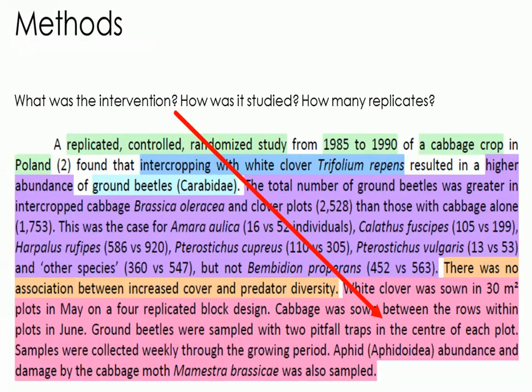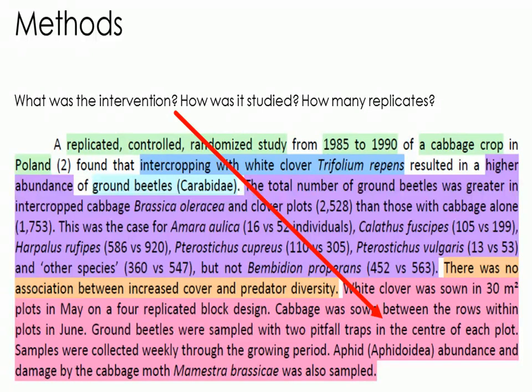Right. If you've got a replicated study, as you do here, one of the main things we want you to report in the methods is how many replicates there were. This is something that can be difficult to assess, and I think we'll talk about it later. Sometimes someone will take many samples of a single intervention. You might have a single meadow where you mowed the grass, and then you have multiple quadrats in that meadow.